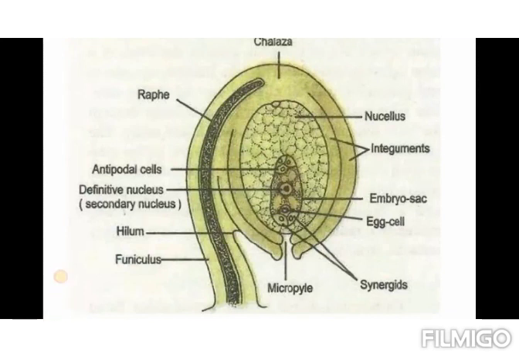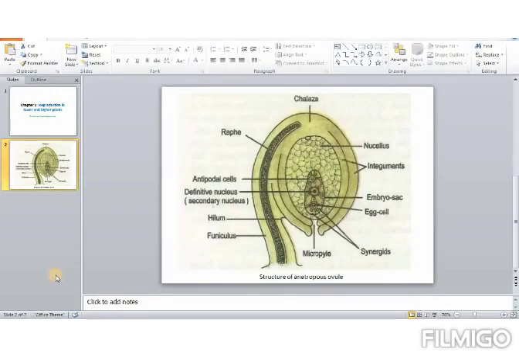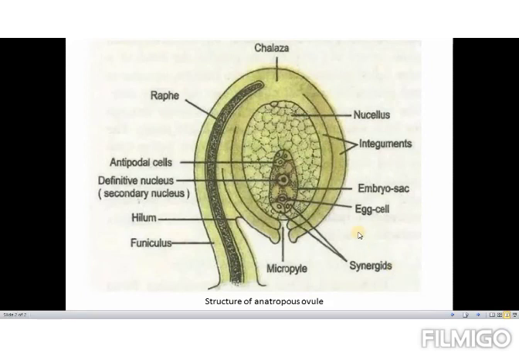In this ovule there are two integuments, which are protective in nature. They give protection to the developing embryo sac and the nucellus.